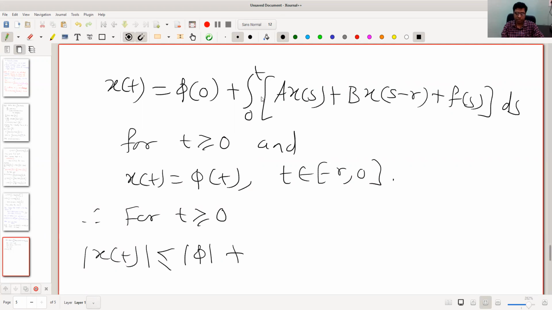plus here we take the integral modulus inside the integral symbol. So this is the integral from 0 to t.